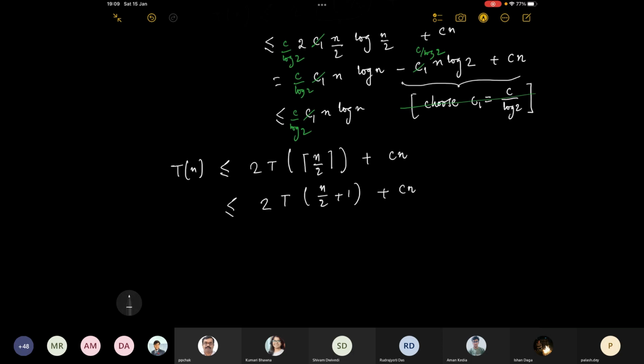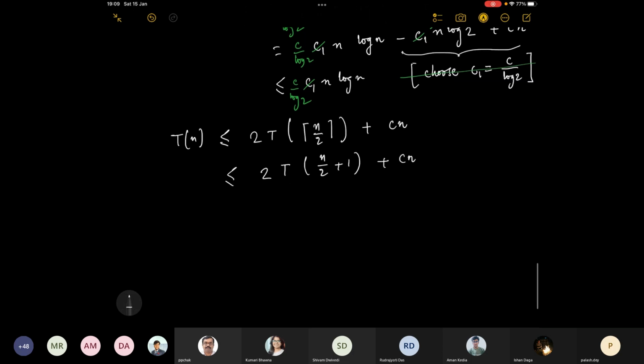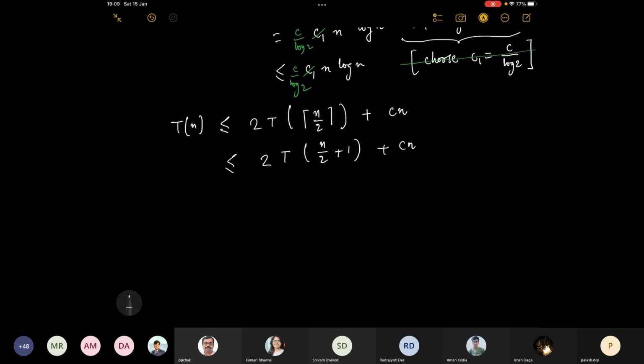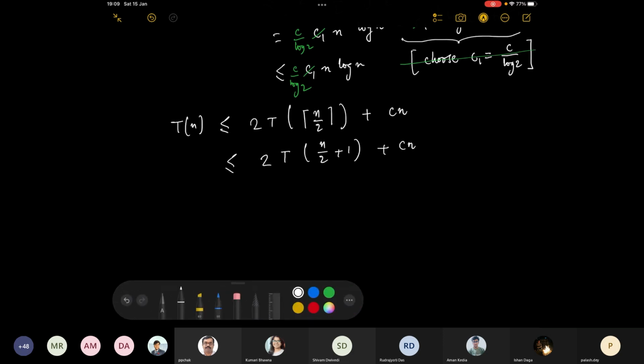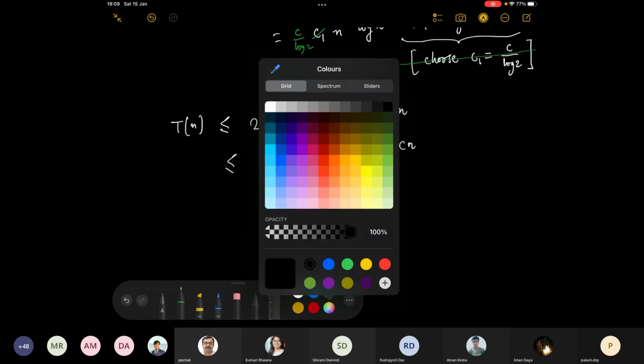And this inequality is fine. Now I have got rid of the ceiling, but now I have an annoying plus constant, and it is no good. So now what I can do is what is called change of domain. This trick is called domain transform.